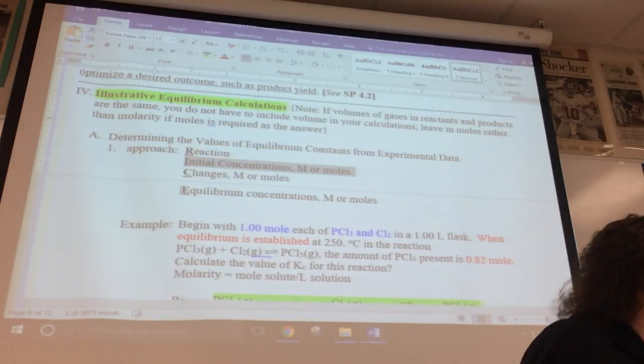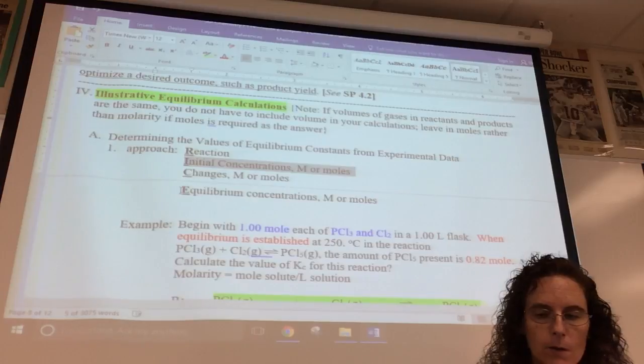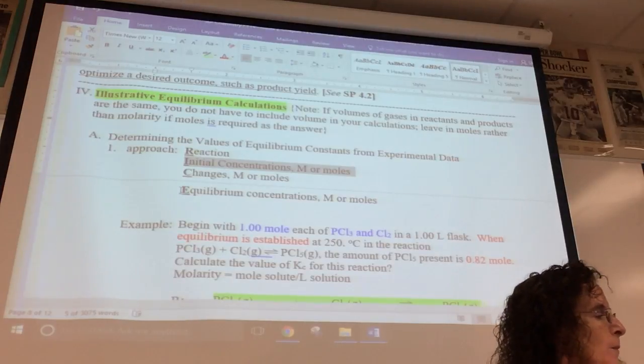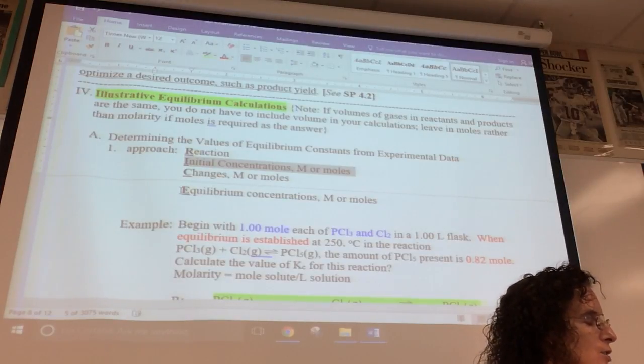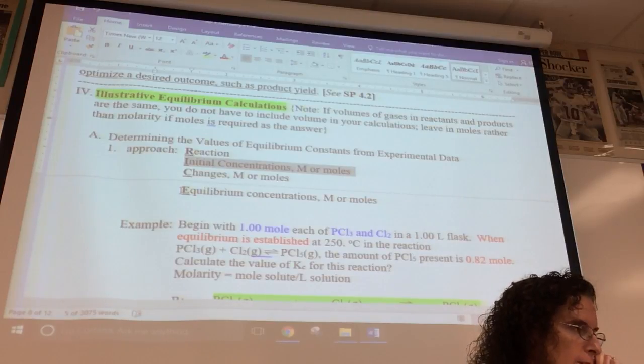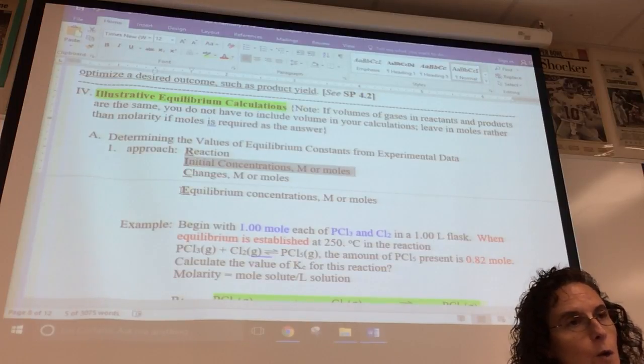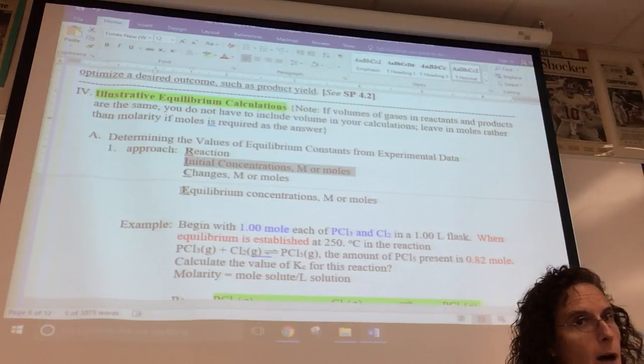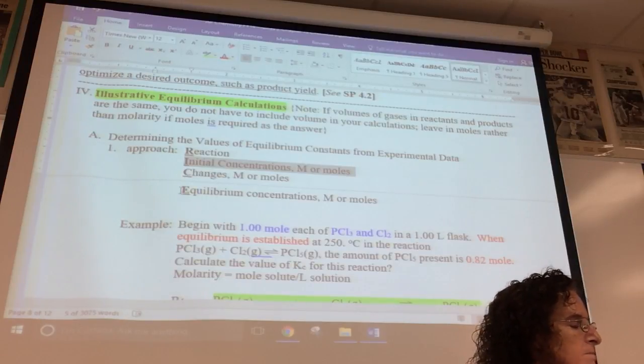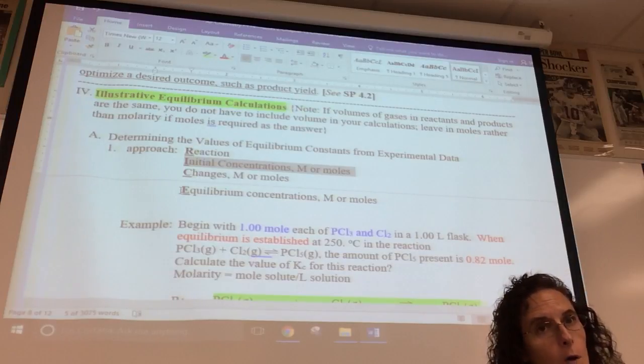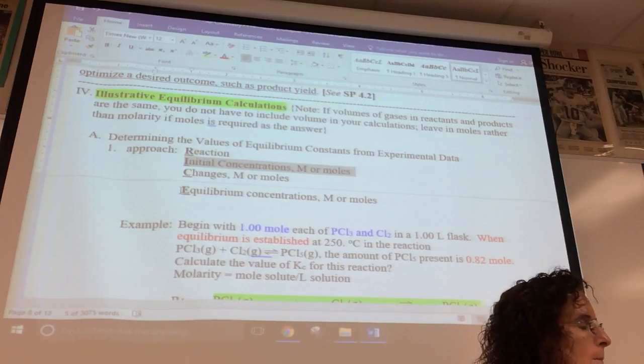Okay, in the first example, it says begin with 1 mole each of phosphorus trichloride and chlorine gas in a 1 liter flask. Begin with. Those are initial amounts. We've got to read critically here. The volume's 1 liter, so the molarity of each is 1.00 molar. Piece of cake.